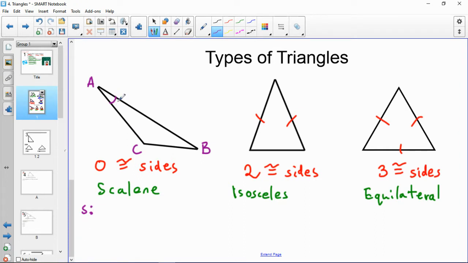So this is angle A right over here. And when I say corresponding, I'm talking about the side that's opposite of it. AC and AB are adjacent sides to angle A, but side CB is the corresponding side. And in any shape whatsoever, smallest angle always corresponds to the smallest side.